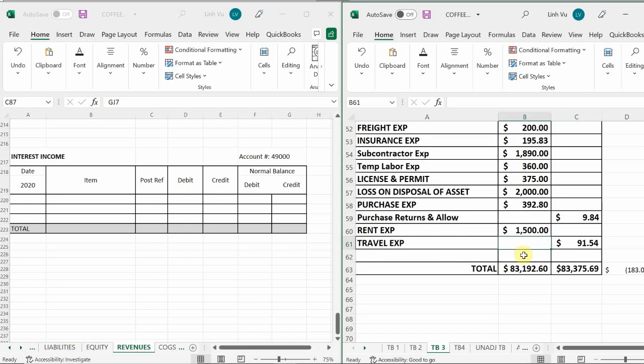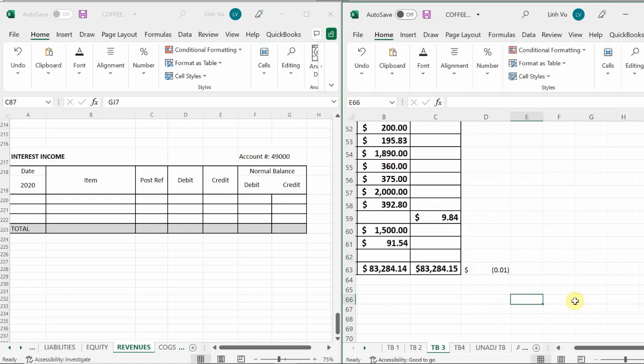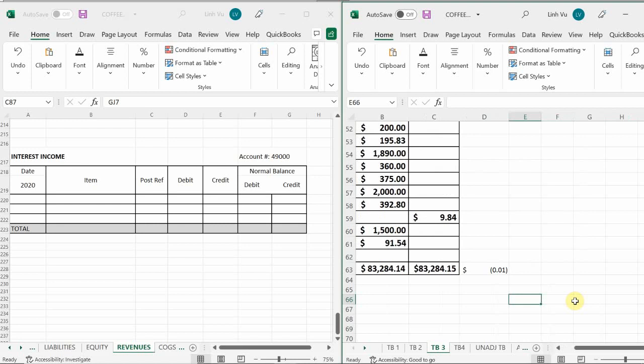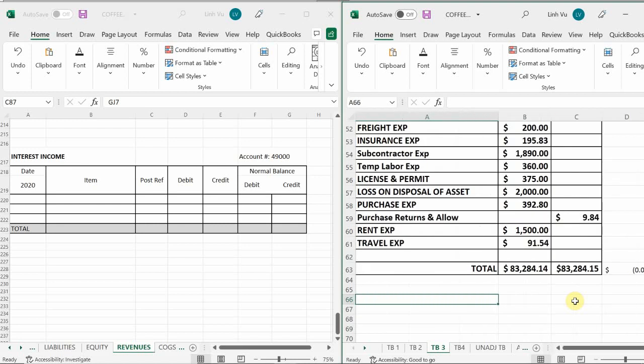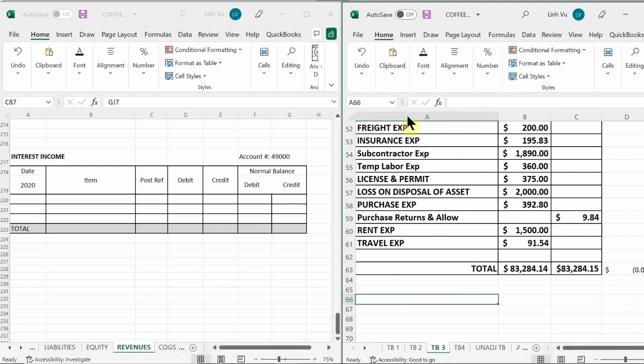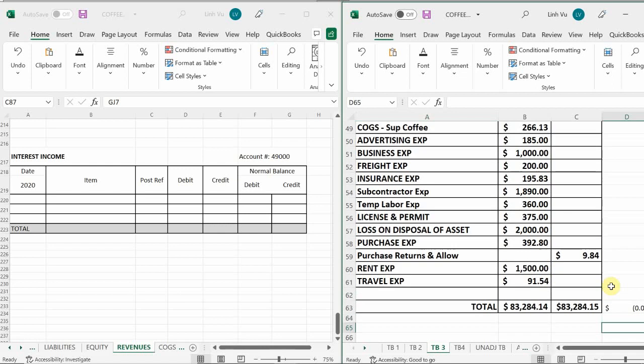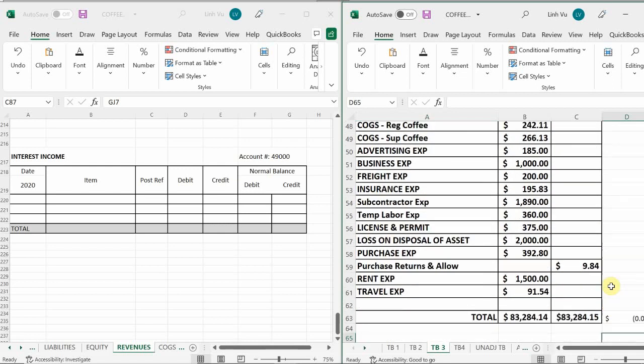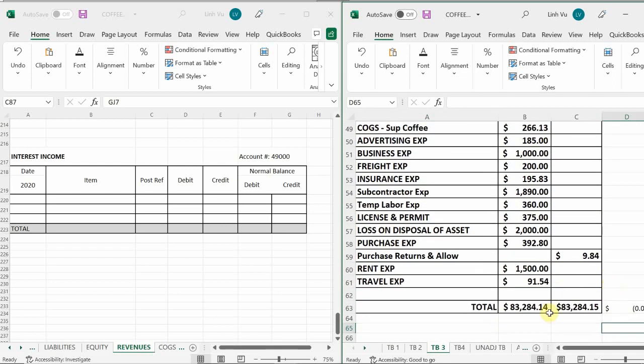Oh, here you go. I put the travel expenses on the wrong side. And let's see. I'm off by a penny. Okay, so now I have to go back through all the numbers one more time, just make sure that all these are correct. So I'm off by a penny somewhere. Let's see. I'm off by a penny on my debit side.